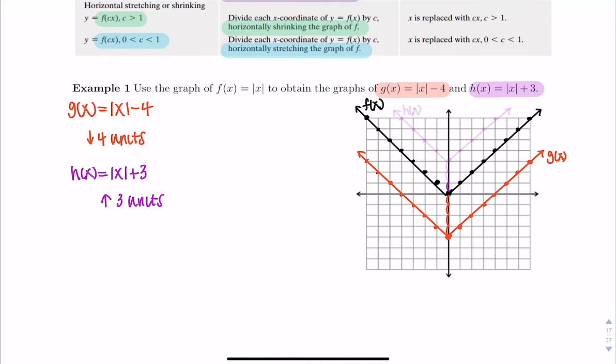So 1, 2, 3. That's where my new origin is. Then you'll just complete the rest of the points the same way. And so we have h of x.